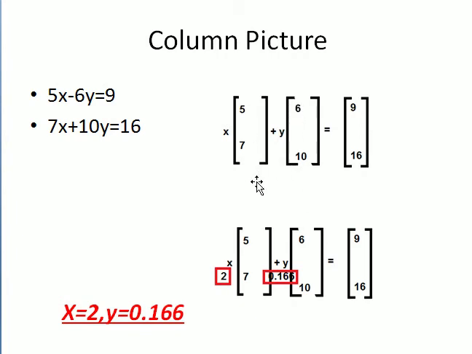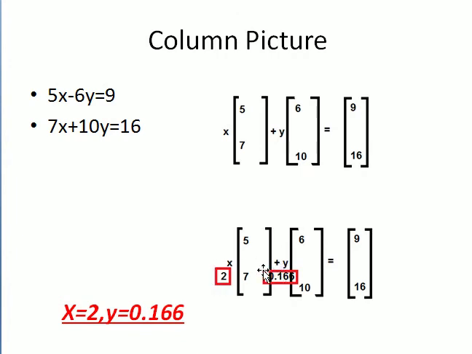Now we know the solution already, that is x is equal to 2 and y is equal to 0.166 or 0.2. You can substitute those x and y values here, that is 2 and 0.166.